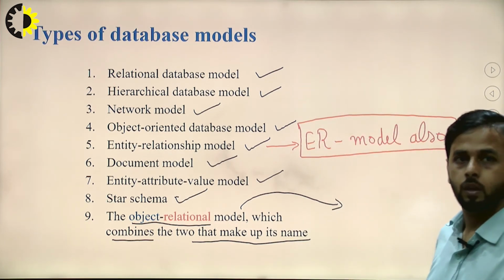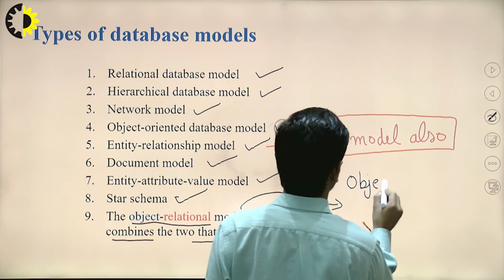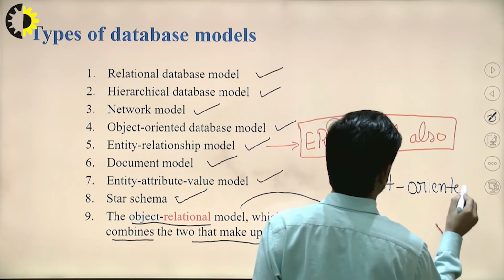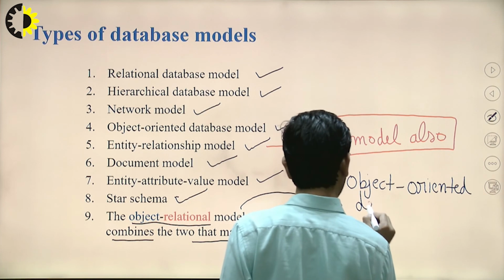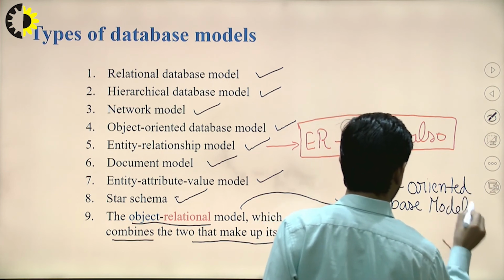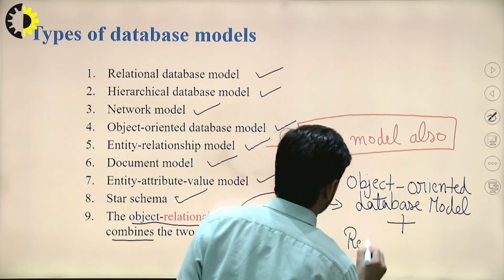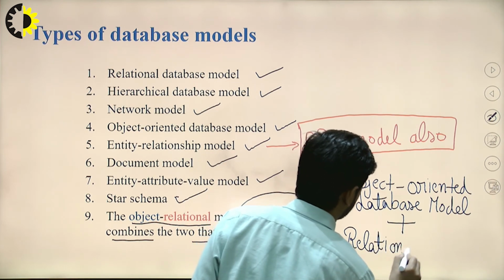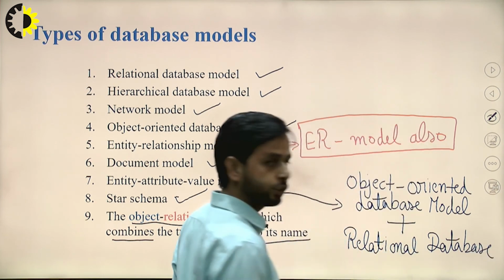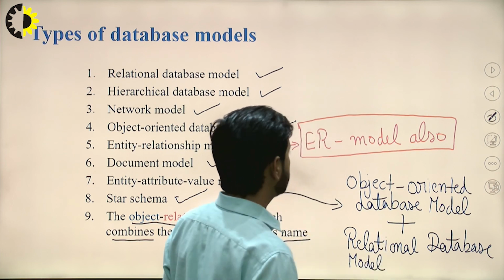The object relational model is formed by the combination of two models: the object oriented database model plus the relational database model.